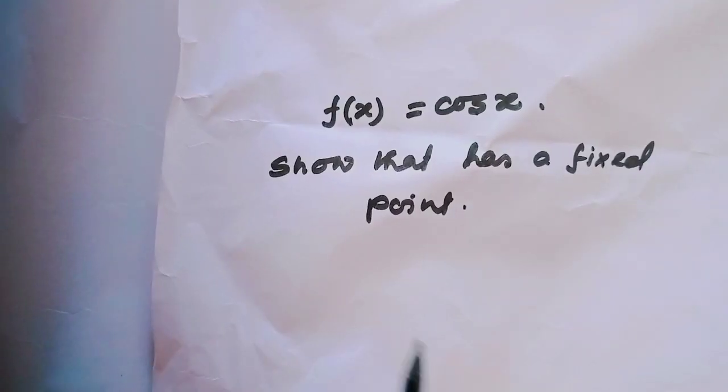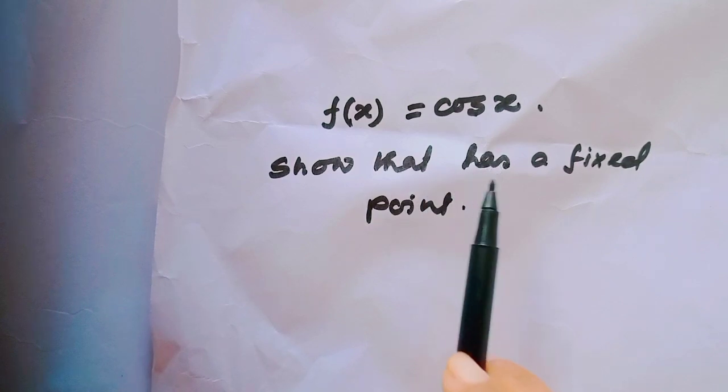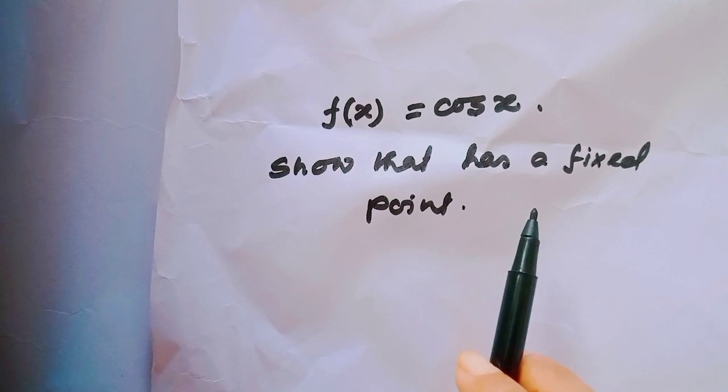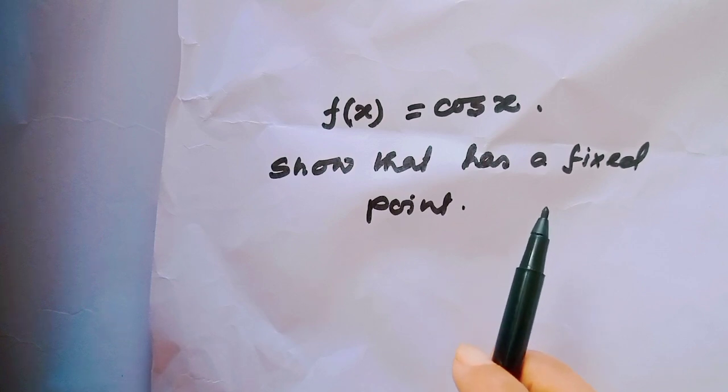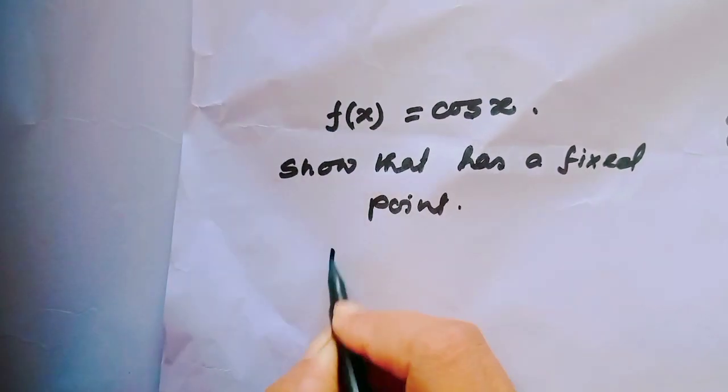Well, now let's see another question. f(x) equals cos x, show that this function has a fixed point. Here at first I will ask, is this function a contraction mapping? Let's see.